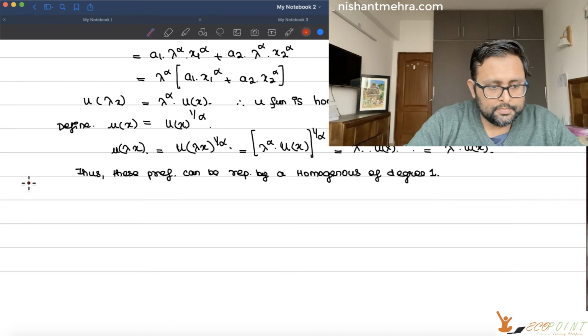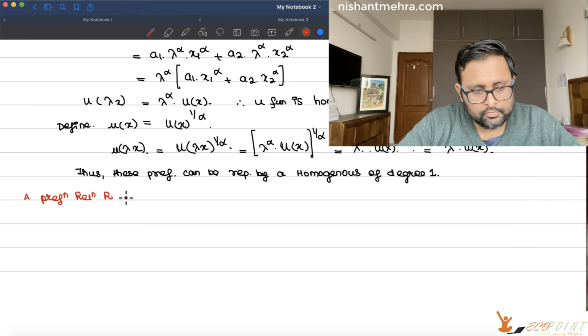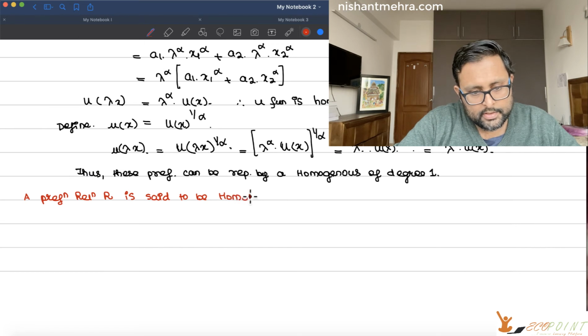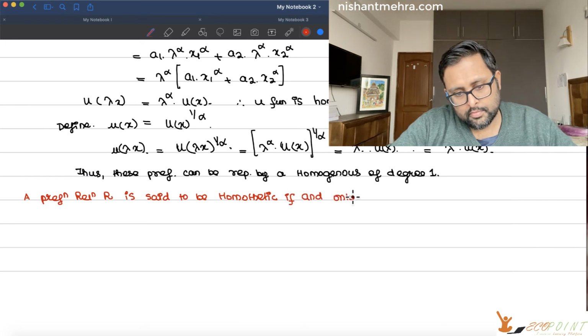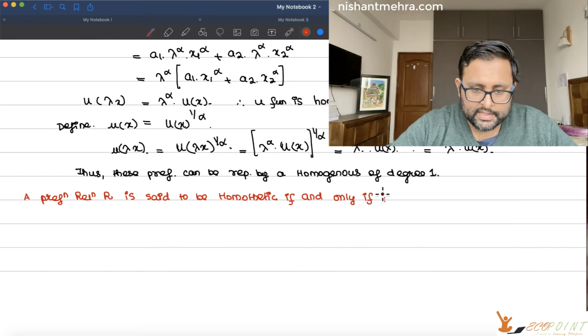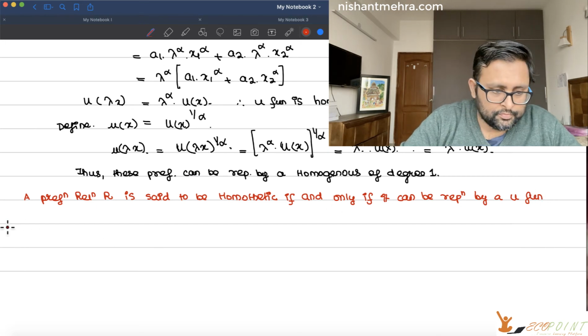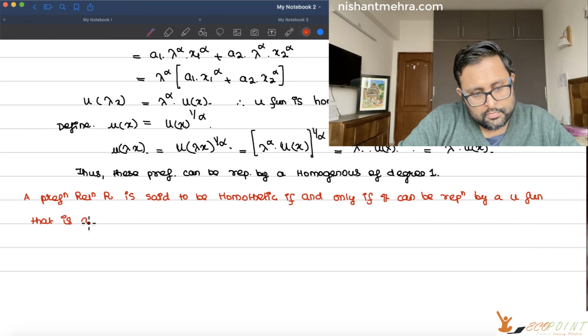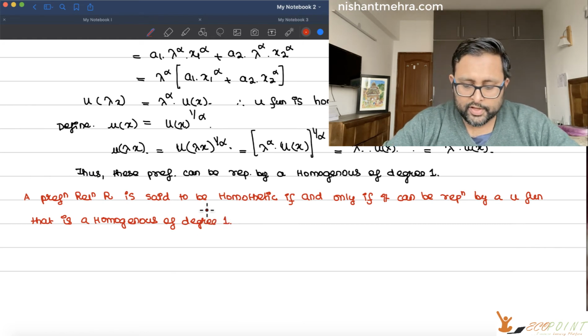That is, a preference relation R is said to be homothetic if and only if it can be represented by a utility function that is homogeneous of degree 1, right?